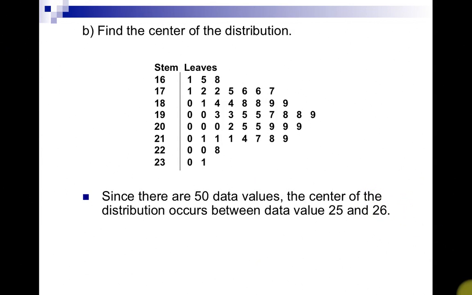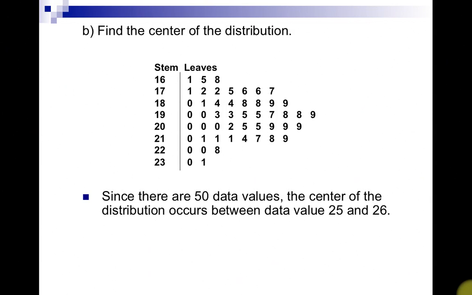And if you need some help understanding that, well, consider what happens when you have 6 data values. If you have 6 data values, you have 3 on one side and 3 on the other. Imagine the data values laid out in a line. If you have 6 of them, you have 3 on the left, 3 on the right.